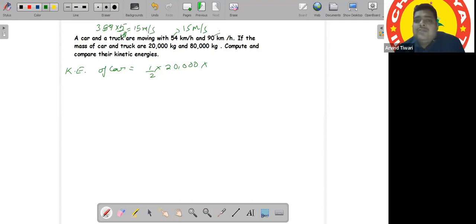Then convert this 90, you get 25 meter per second. Put here 15 squared, and you get 225 times 10 to the power 4, and hence 2.25 multiplied by 10 to the power 6 joule.